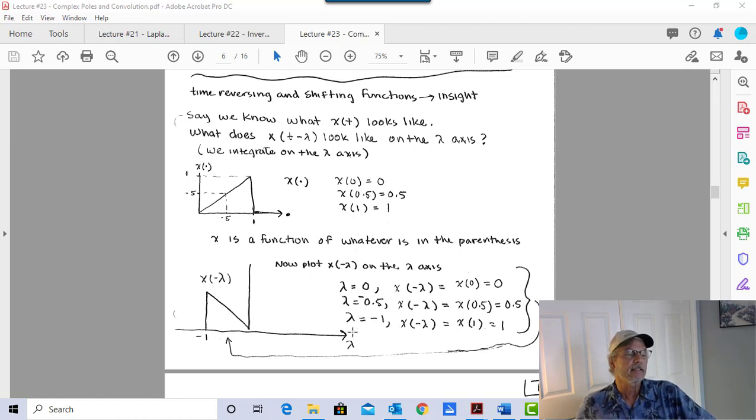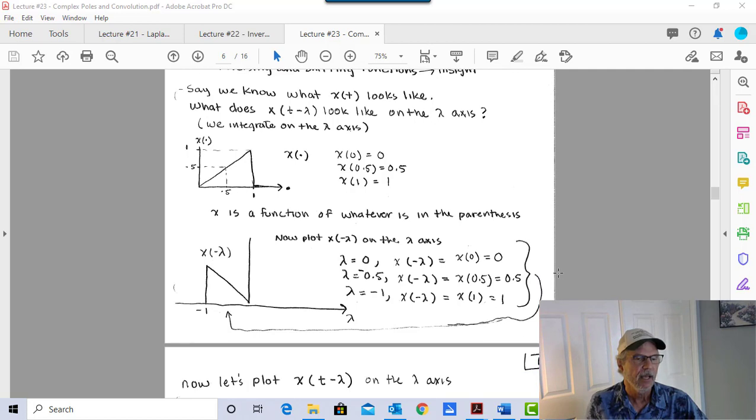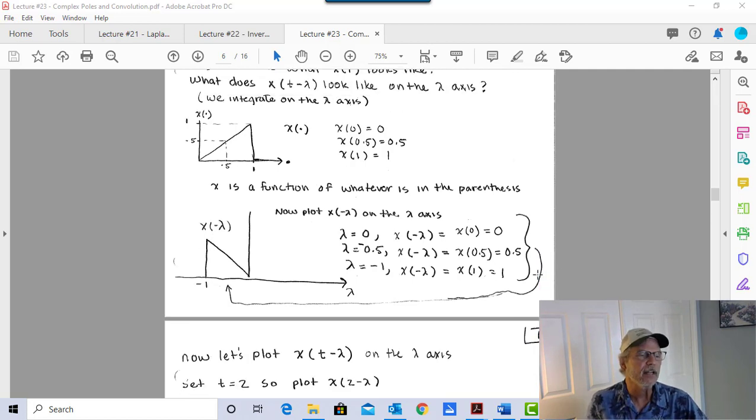Now, let's say lambda is equal to negative 1. So x of minus lambda is equal to x of negative 1, or x of 1. So our dot equals 1, and it's 1. And what we've done here is we have reversed around our vertical axis.